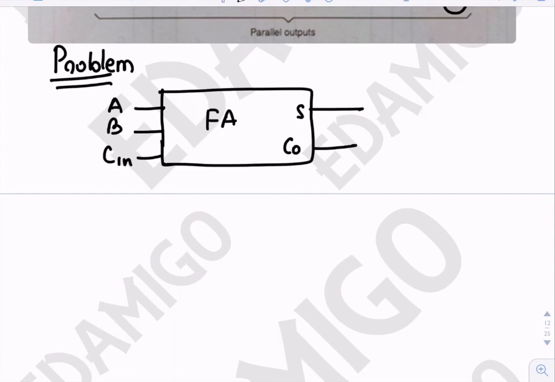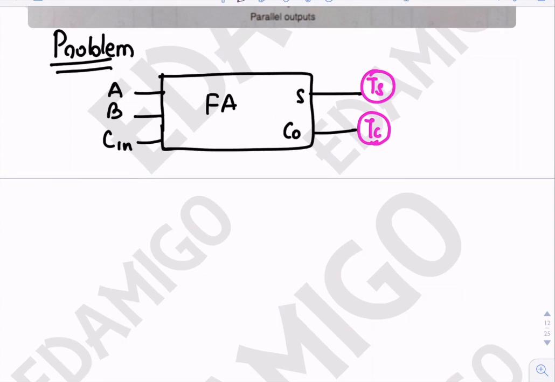This is a full adder. Since gates have delay, let us assume that there is a delay of TS and a delay of TC here. To produce the output from the inputs, TS is the delay for the sum bit and TC is the delay for the carry bit. Now, suppose we have 4 bits input available.